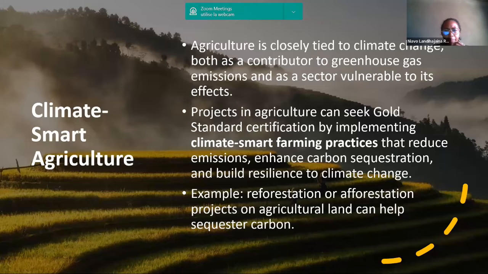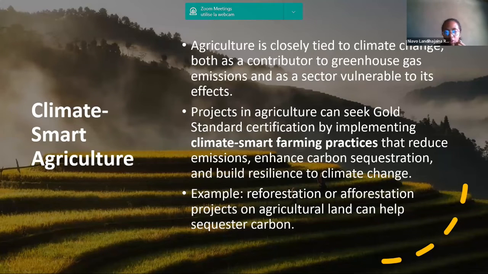In fact, agriculture is closely tied to climate change, as a contributor to greenhouse gas emissions and as a sector vulnerable to its effects. Projects in agriculture can seek Gold Standard certification by implementing climate-smart farming practices that reduce emissions, enhance carbon sequestration, and build resilience to climate change.